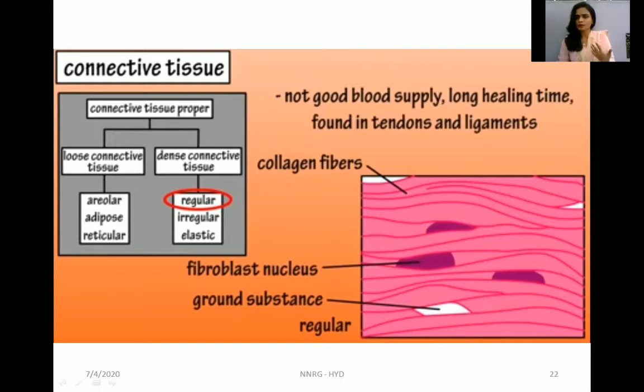Blood vessels are not much there, so the supply of blood is less. That's the reason the healing process in these tissues is delayed. It takes a long time to heal. It is usually found in the tendons and the ligaments, which we just discussed connect muscle to bone and bone to bone. There the blood supply is too little, so they take more time to heal.